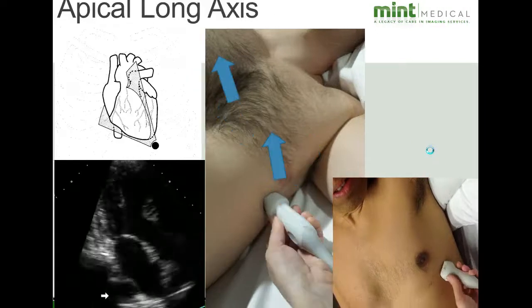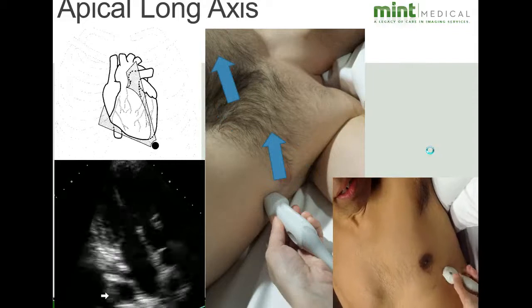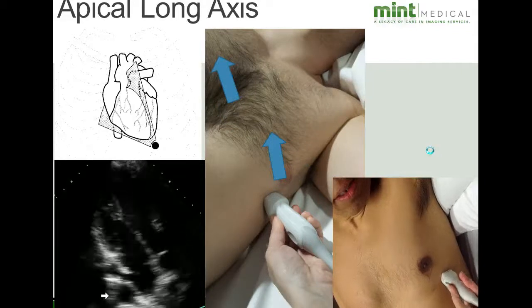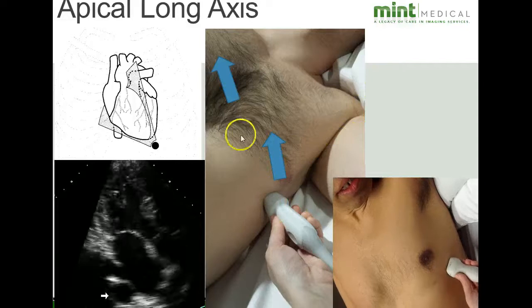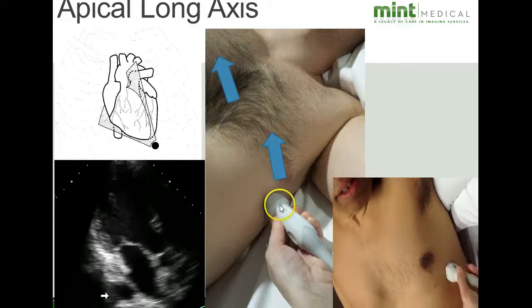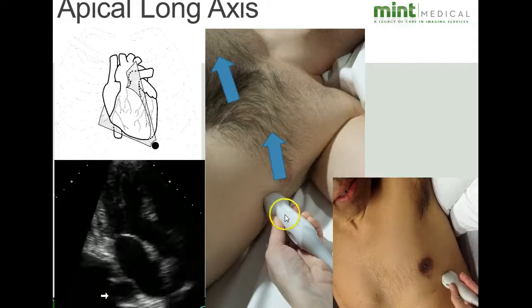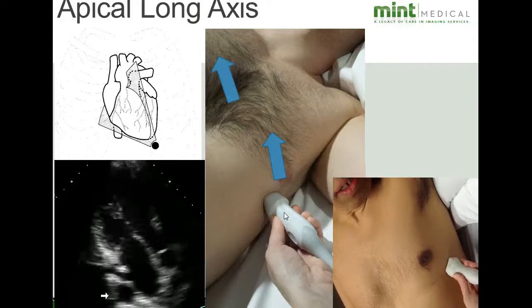The next image is going to be the apical long axis picture. And basically, you're going to have the same orientation. Transducer position is going to be angling up towards the patient's right shoulder, but now you're going to go from the 4-chamber 180 degrees to the 3-chamber view.